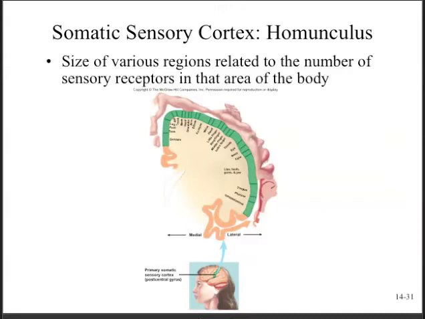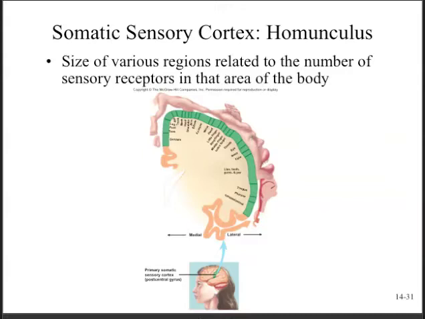of sensory stimuli. And you can see here that the sensory homunculus is not proportional to our normal body dimensions. We have overrepresentation of the face, of the hands, and of the feet, and underrepresentation of the arms, the legs, and the trunk. And the reason for this is that there are fewer sensory receptors in these regions.